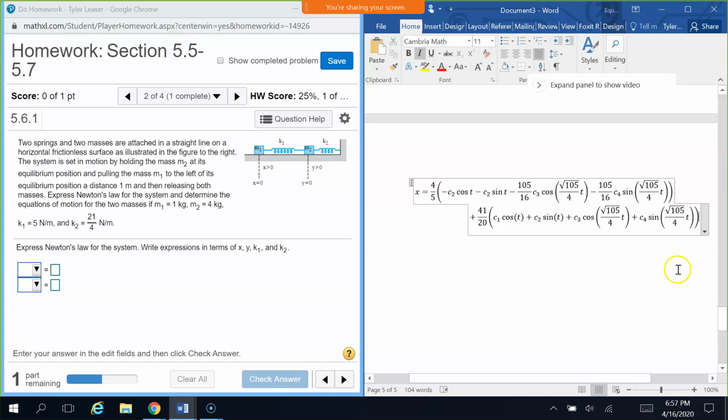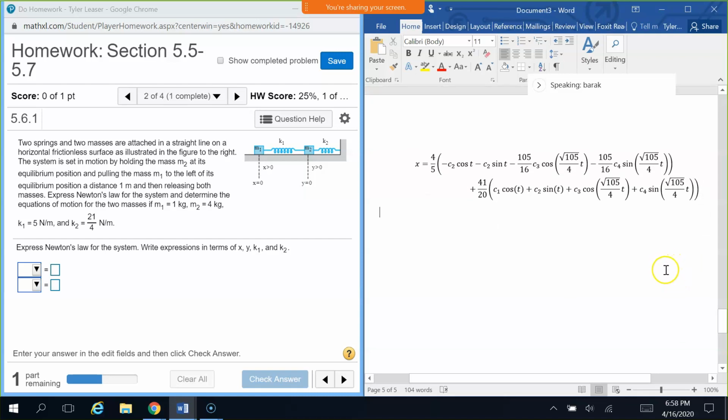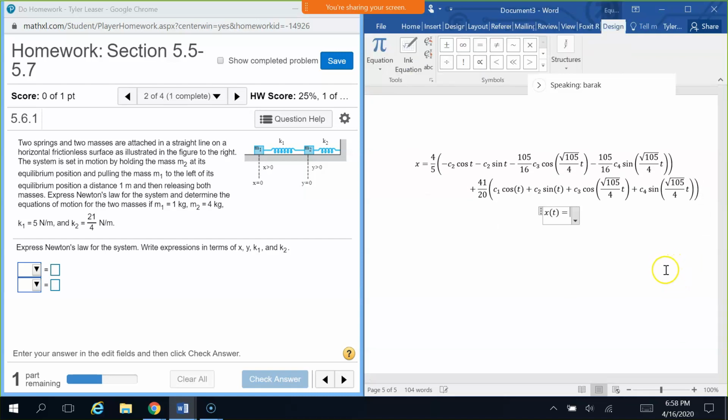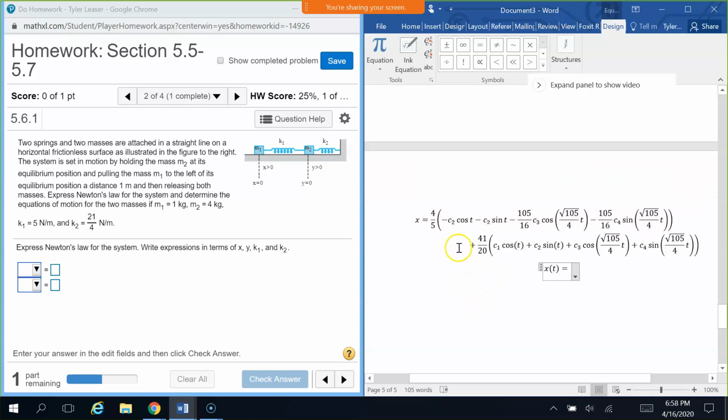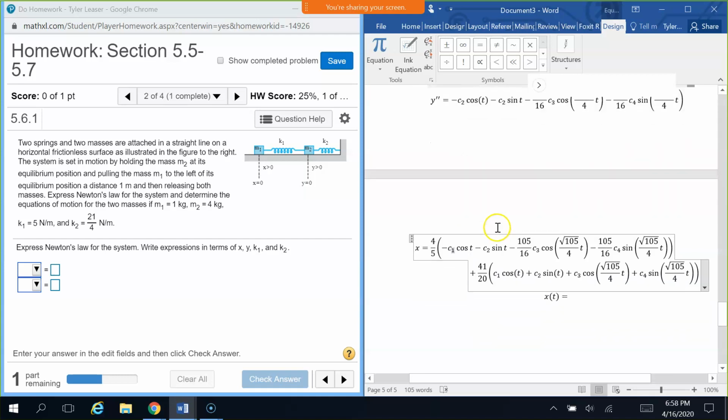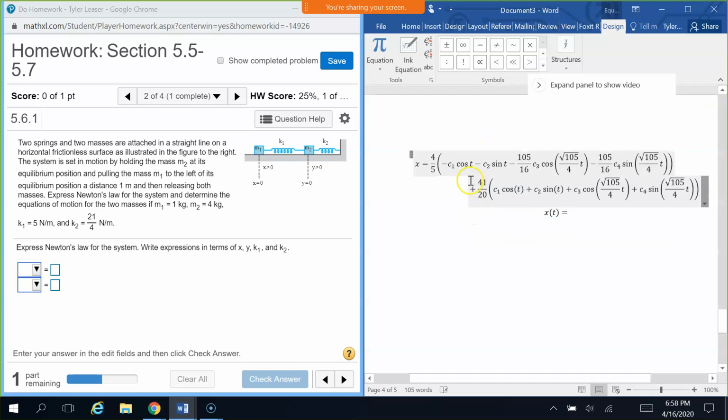I'm praying that a lot of this stuff will combine together. I'm sure it will. Yeah, so I have a... oops, this should be C1 here. I wrote C2. I have a C1 cosine t, and then a C1 cosine t.